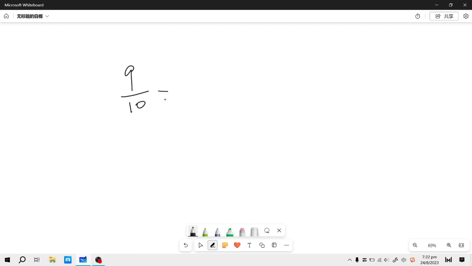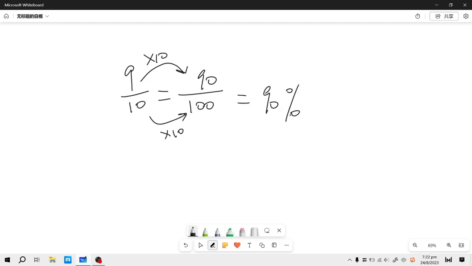But now we must transform it into a percentage. So as I say, percentage is out of 100. So now in the denominator we times 10. So same thing, in the numerator we times 10, which is 90. So 90 out of 100 is simply 90%.